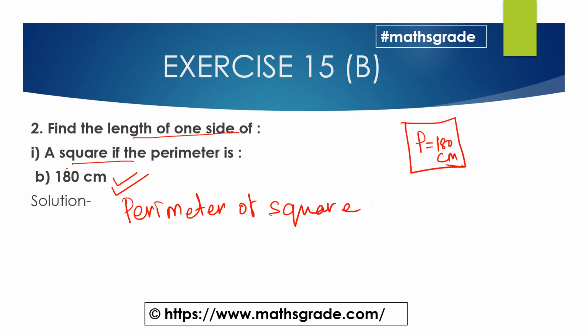Perimeter of the square is 4 multiplied with length of one side, and it is given that the perimeter is 180 centimeter.